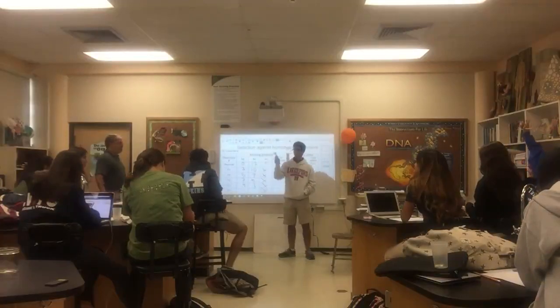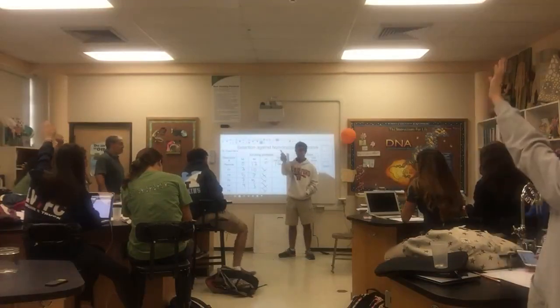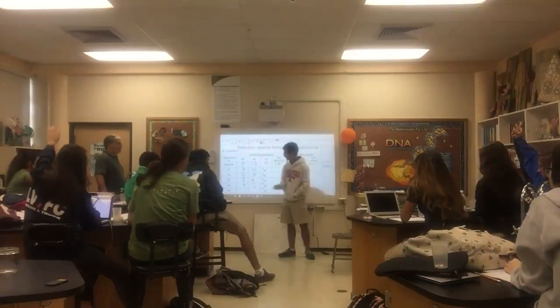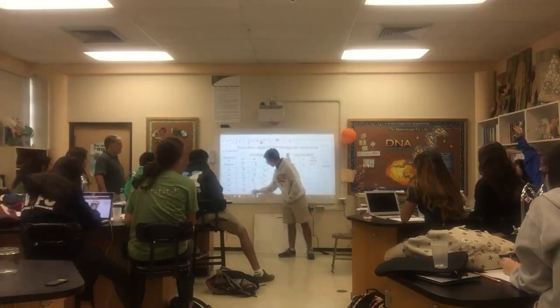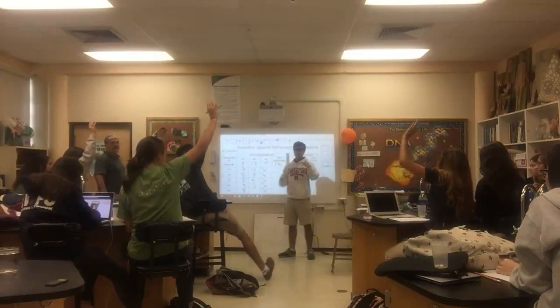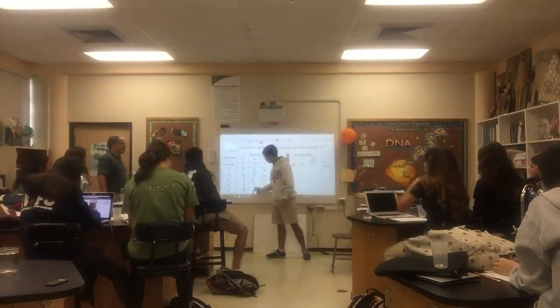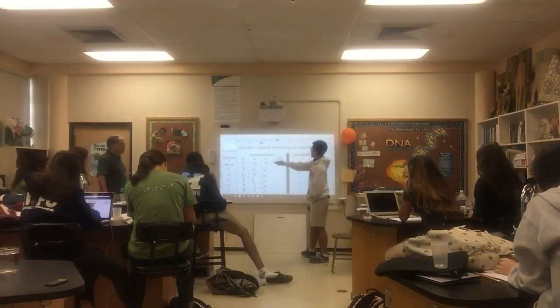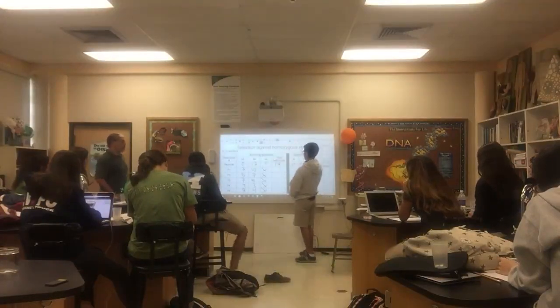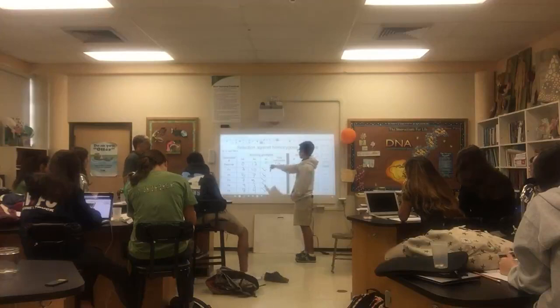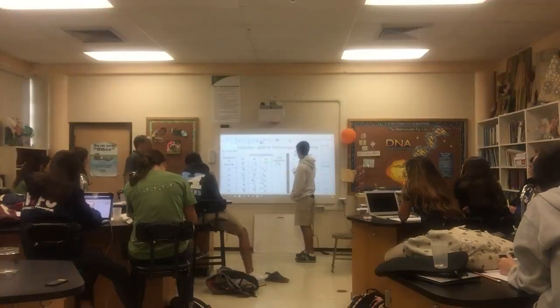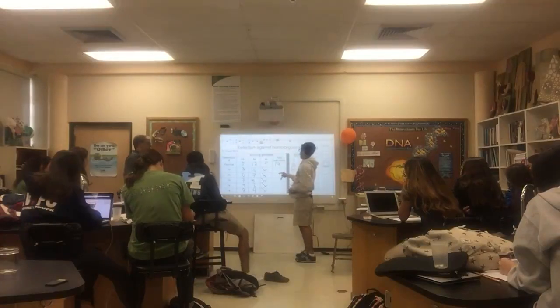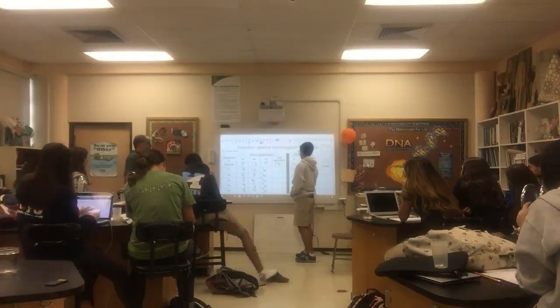Big A. 1, 2, 3, 4, 5, 6, 7, 8. And who's hetero? 1, 2, 3, 4. So here there are 4. 4 and 10, right? And 10. 10 and 7.